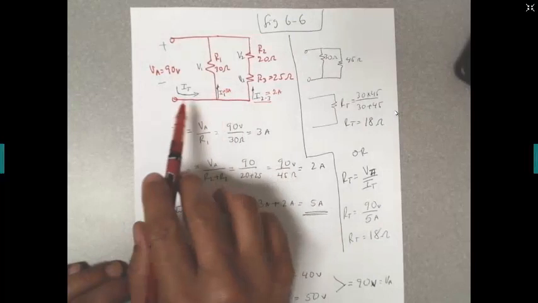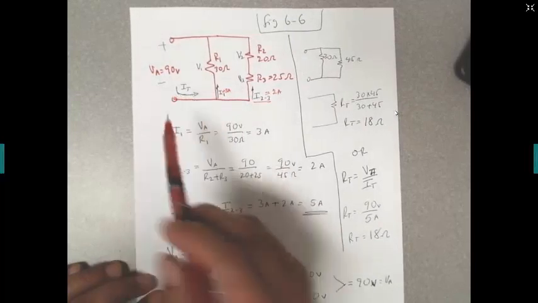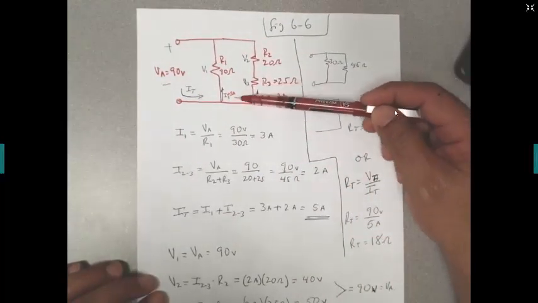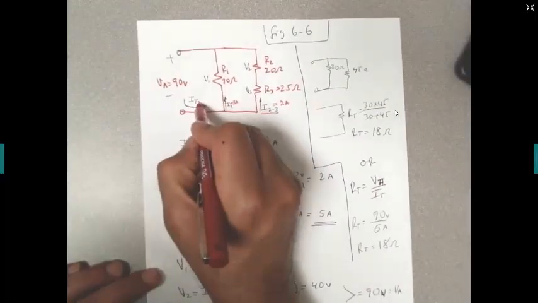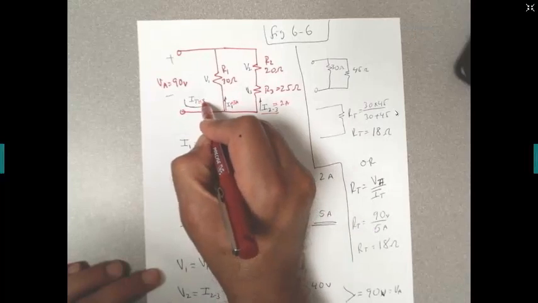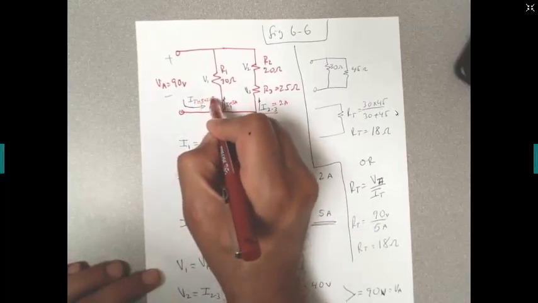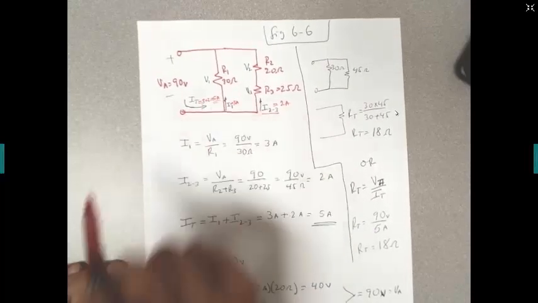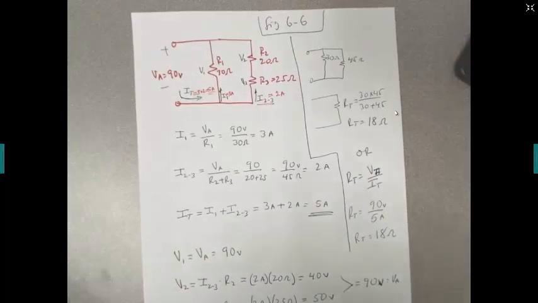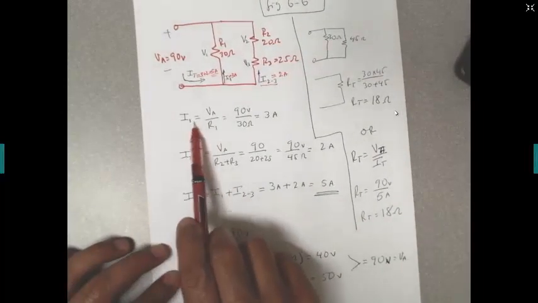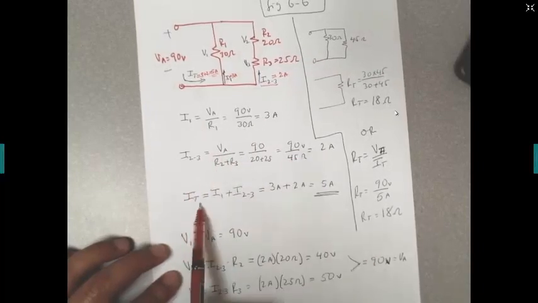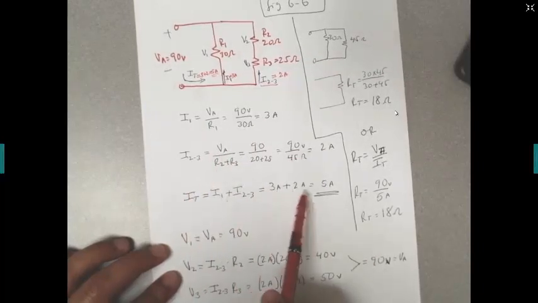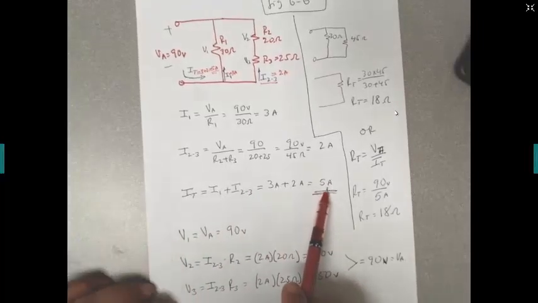So now I know that the total current must be equal to the sum of the branch currents. So this would be 3 plus 2 equals 5 amps. So the total current is 5 amps. I1 is 3, I23 equals 2 amps, so the total would be 3 plus 2 equals 5 amps.